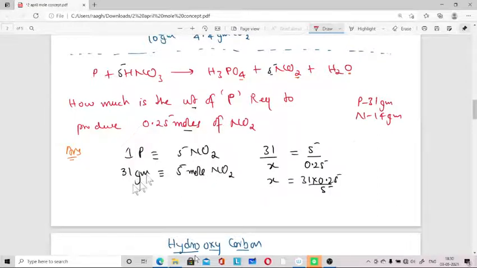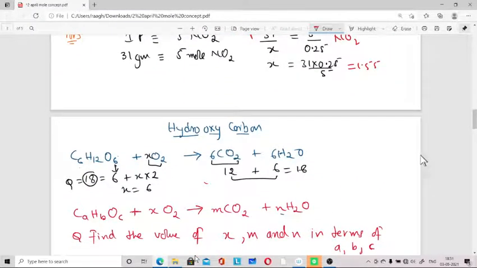So 31 is equivalent to 5. Then 0.25 of NO2, this side is your phosphorus, so 0.25 is equal to X. You can calculate X, and it will come as 1.5.